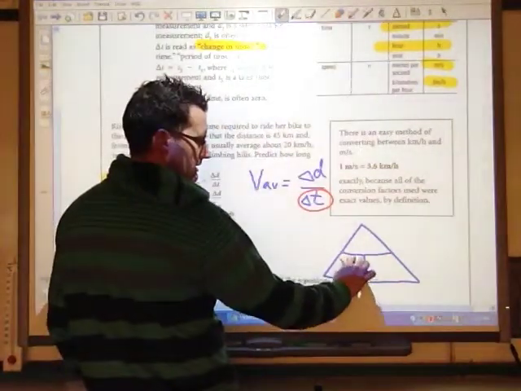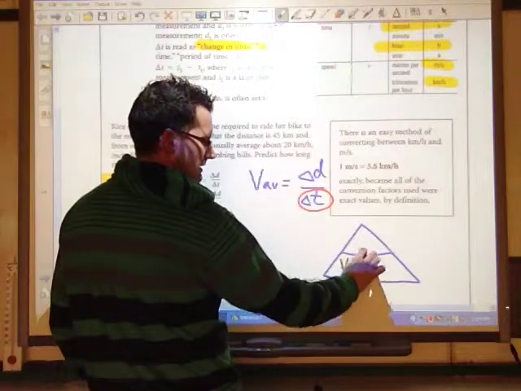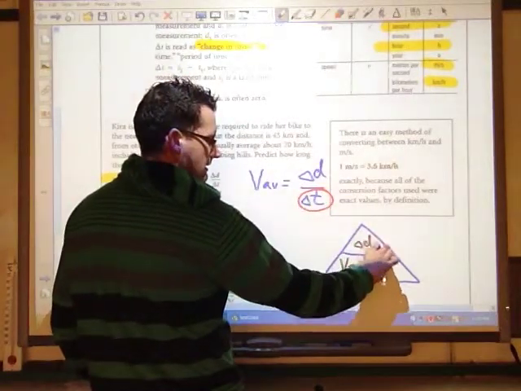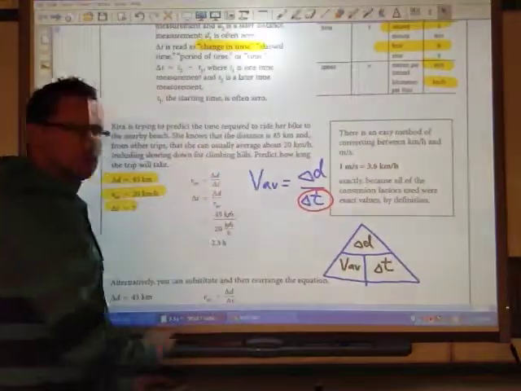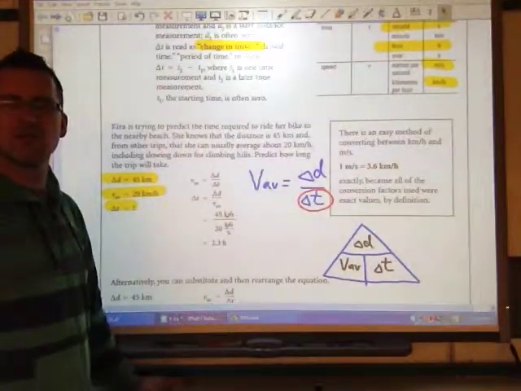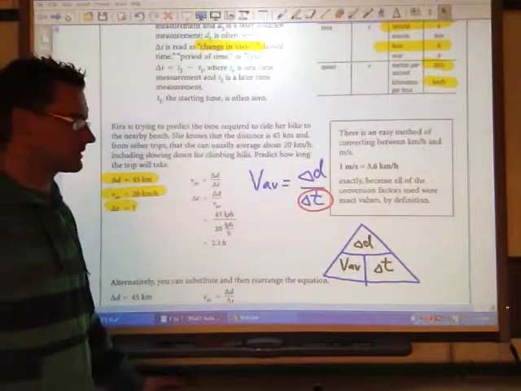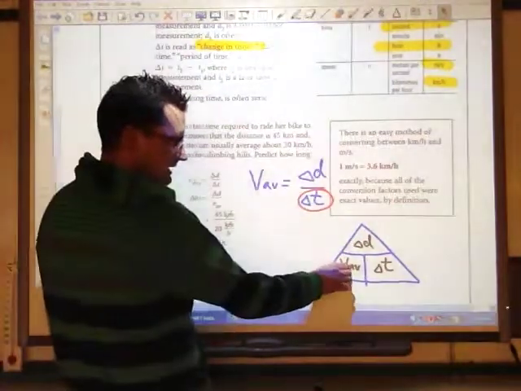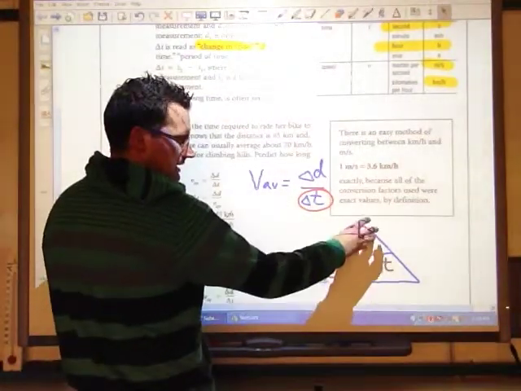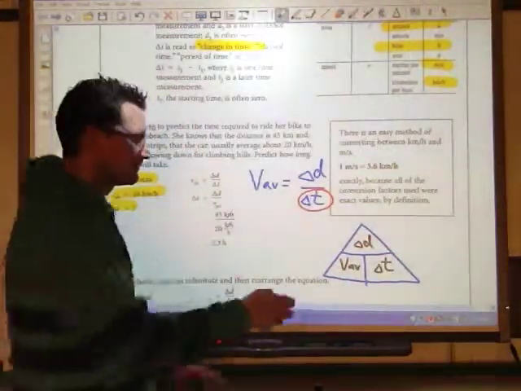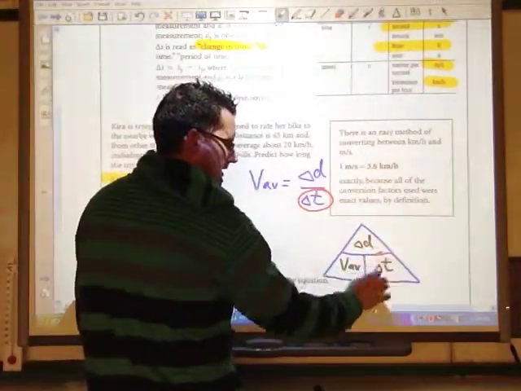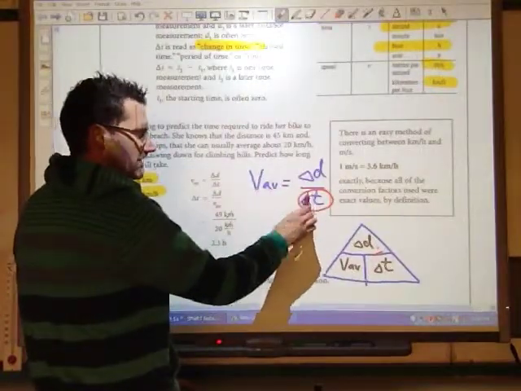And if we arrange it like this, VAV equals D over T, we can solve for any of those three variables and automatically come up with the right formula. So V, if I'm looking for V, it's D over top of T, or over top of really means divided by. V is equal to D divided by T.